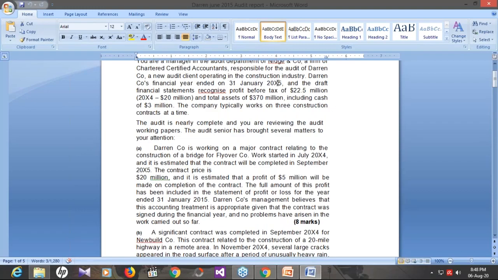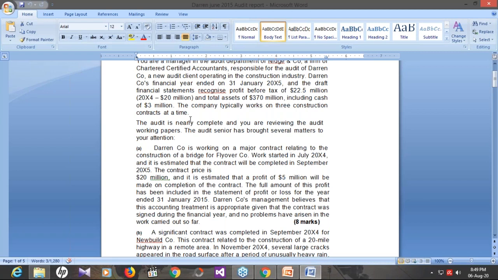This is the main data that is provided. Profit before tax is 22.5 million. This is provided so that you can calculate the materiality level. Total assets value is also provided, and the company typically works on 3 construction contracts at a time. So this is important information for you to tackle this question.